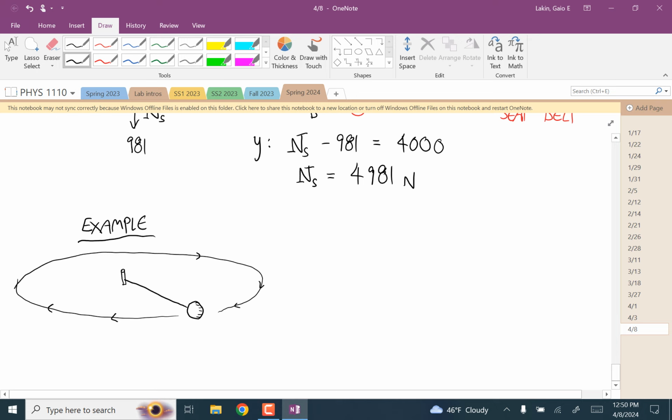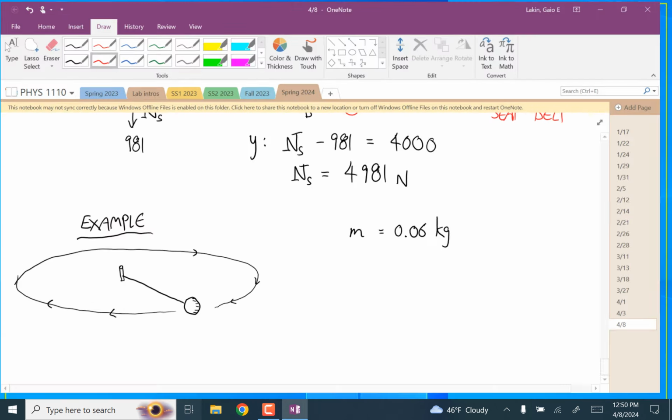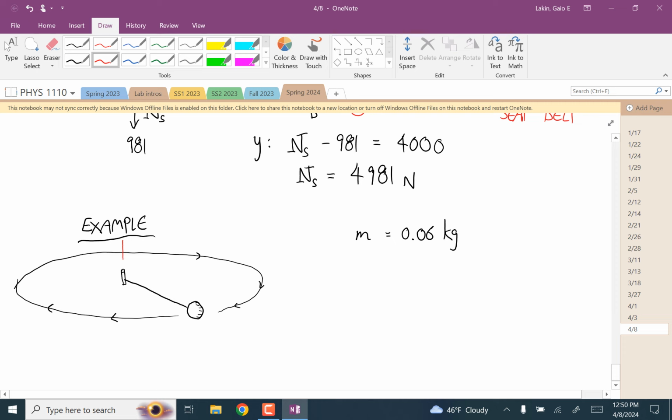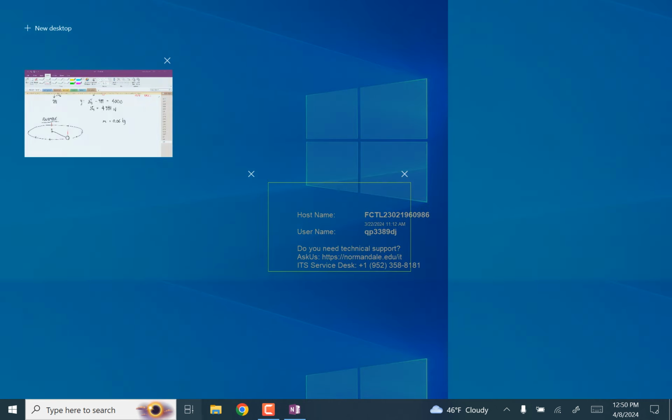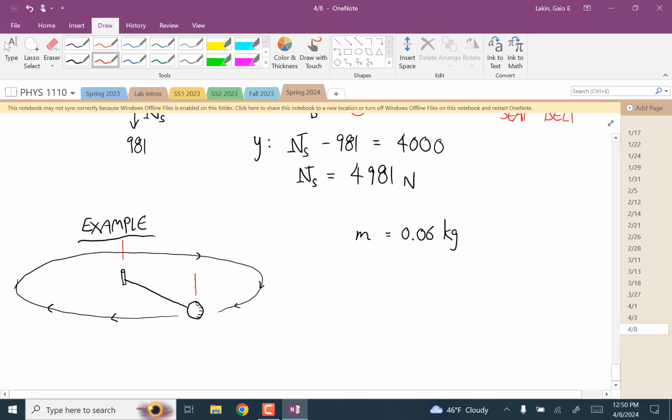The mass of the ball is 60 grams, 0.06 kilograms. The length of the string is 0.25 meters.